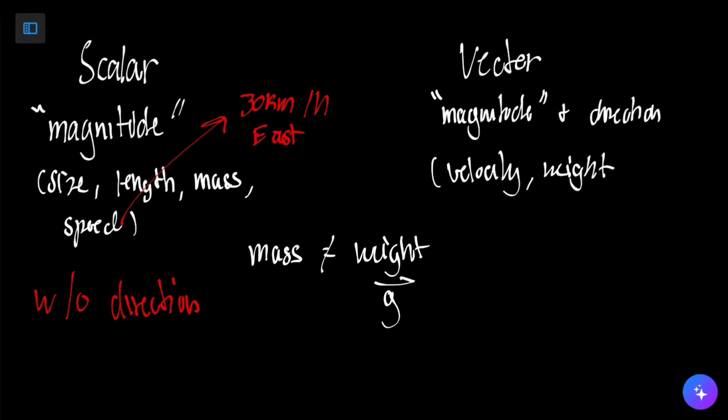Let me give you an example of why it is a vector quantity. Let's say you're here on Earth and you weigh around 70 kilograms. When you get to the moon, you may get lighter because the influence of gravity on the moon is lower. So you may weigh around 40 kilograms. Or let's say on Mars, you may weigh even lighter because the influence of gravity is weaker, so you may weigh like 30 kilograms.